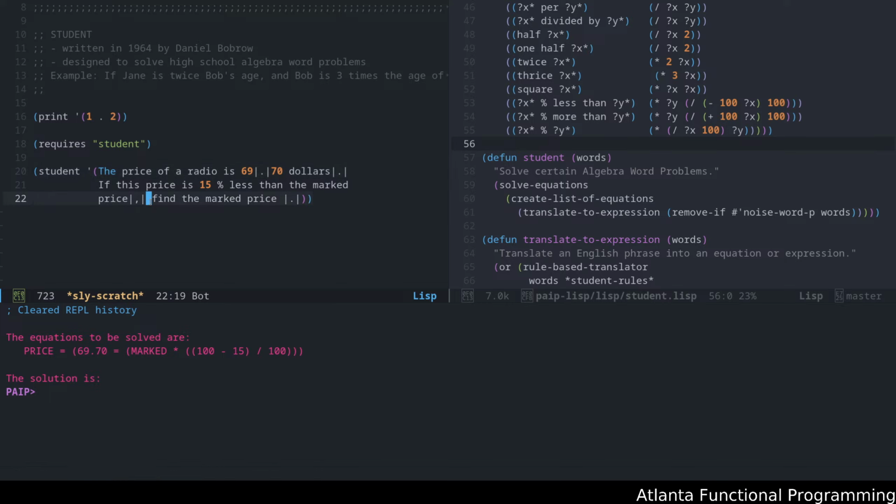If I just reword this, let's see what happens. This is the same as saying, what is the marked price? And instead of a period, let's do that. Let's see what happens.